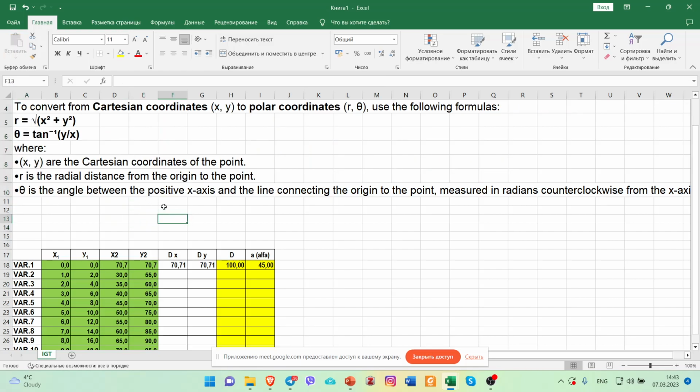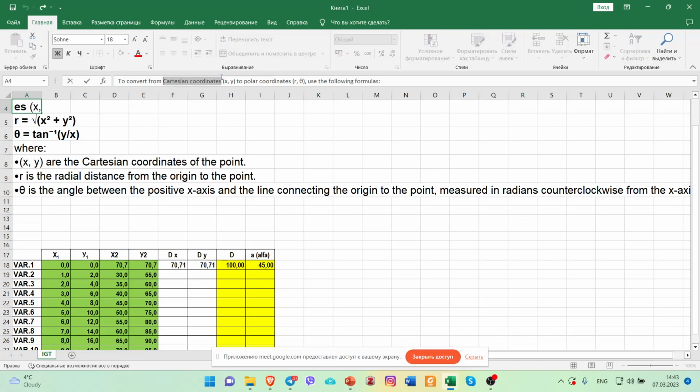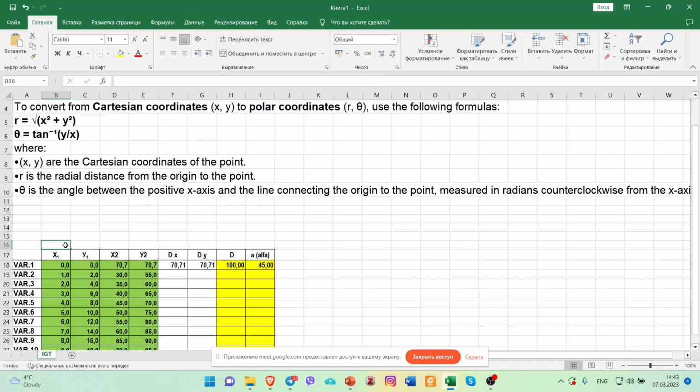Well, now in this Excel worksheet, we have Cartesian coordinates of point 1 and point 2.